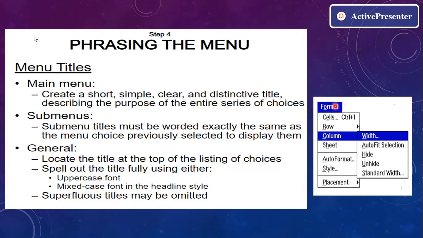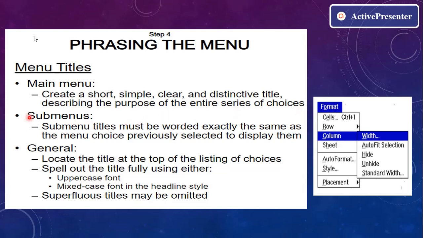Whenever you see this particular menu title, you have to understand what the contents under it may be. It has to show the entire series of choices. The choices here are cells, row, column, sheet, auto format, style, placement. And you know that this main menu title is very short, very simple, and also clear.